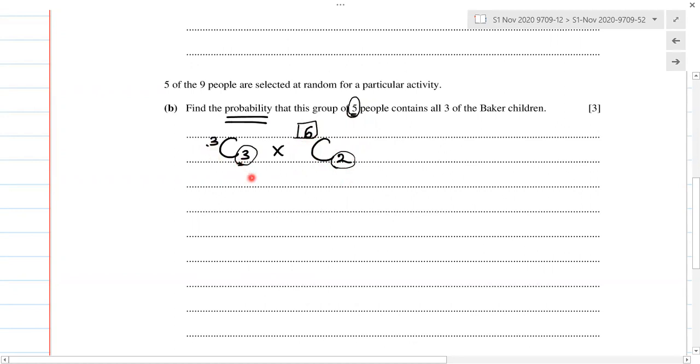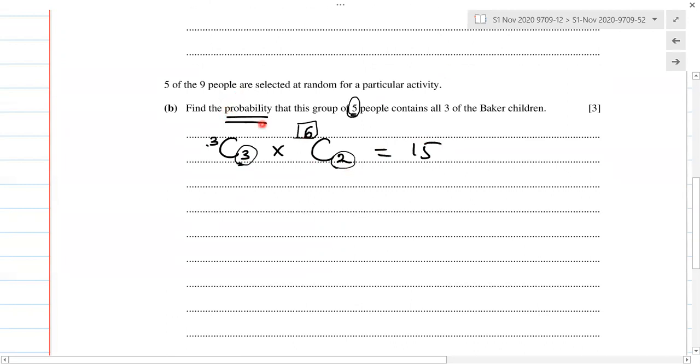So 3C3, the children of Mr. and Mrs. Barker, and 6C2 from the remaining 6 people, the 2 that I require to make a total of 5. 3C3 is 1, 6C2 is 15, so that's just 15.